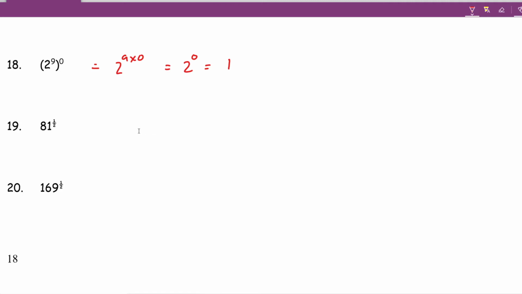So just make sure that a to the power of a half is equal to the square root. So this means the square root of 81, which is just 9. The square root of 81 is 9.